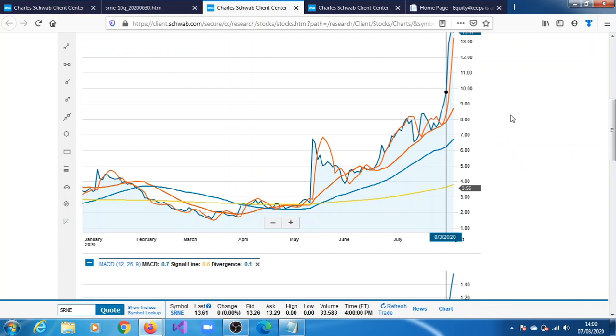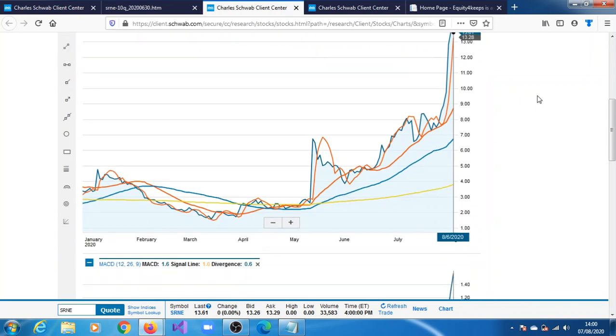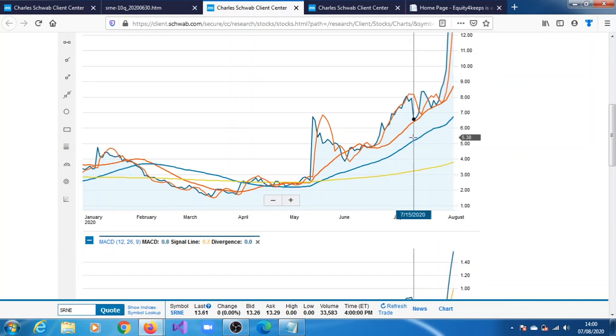And this is the time series forecast. It tends to trace the price curve accurately. In a very long time, it has not closed below this 20-day simple moving average. It may have closed below the 10-day simple moving average, but not the 20-day. When was the last time it closed below the 20-day? It's a very long time ago.